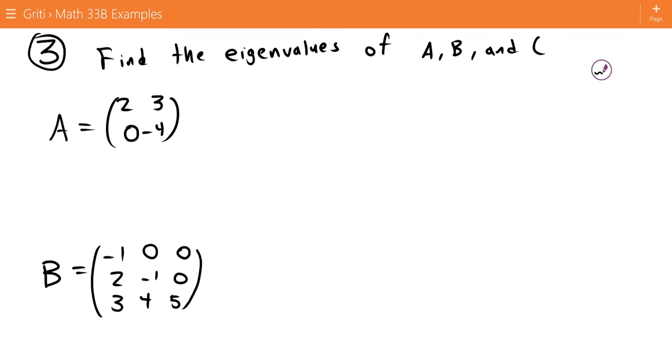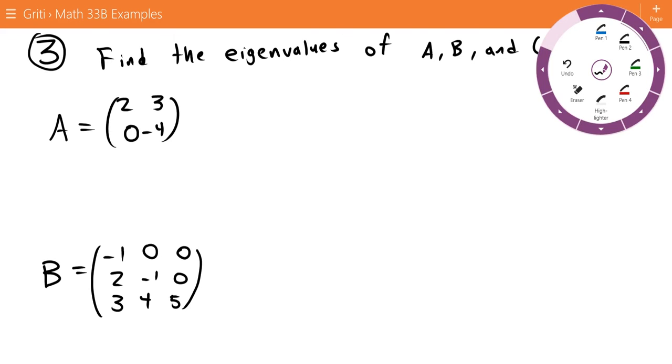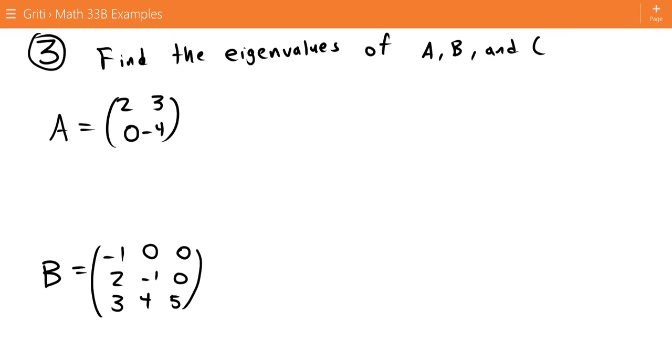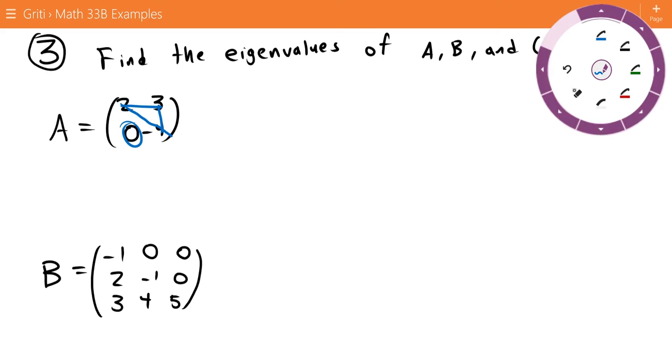For number 3, we want to find the eigenvalues of A, B, and C. So A is the matrix 2, 3, 0, negative 4. We could find the eigenvalues by finding the characteristic polynomial and solving that quadratic equation. Or we can notice that this is called an upper triangular matrix. That means all the entries below the diagonal are 0.